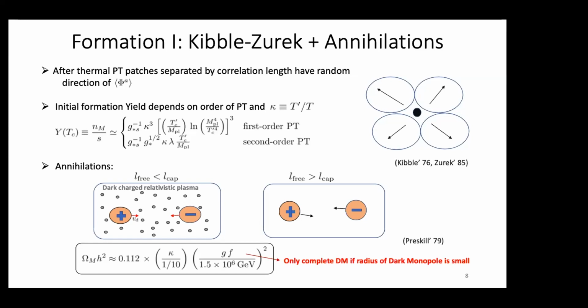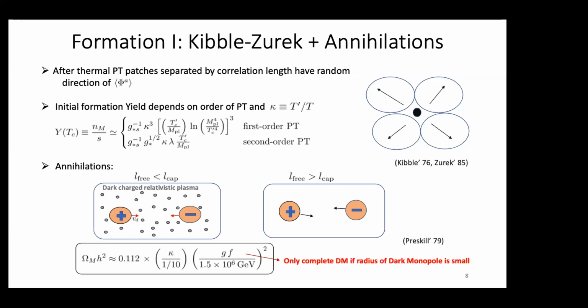Annihilation actually freezes out when the W gauge boson in the dark sector goes non-relativistic, and that gives you the Omega h squared, the abundance that you get after the annihilation. This was first worked out by Preskill, and it depends on the value of the W gauge boson mass in the dark sector.